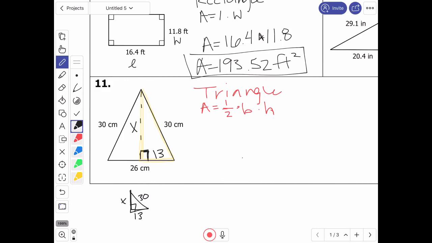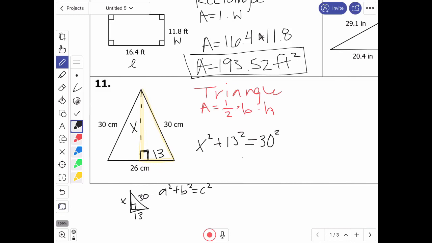I can just use a squared plus b squared equals c squared to figure out what X is. X would be one of my legs because it's one of the sides that's making up that right angle. Okay, 30 is my hypotenuse, so 30 is c. So I'm going to have x squared plus 13 squared equals 30 squared.